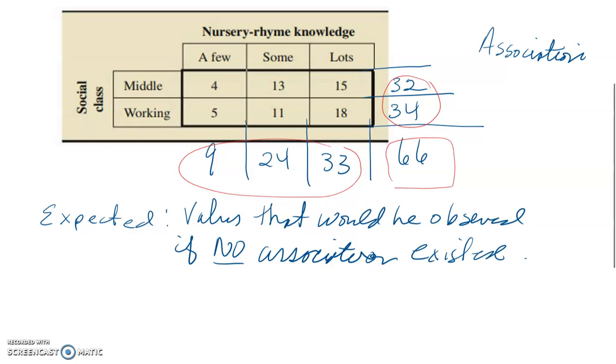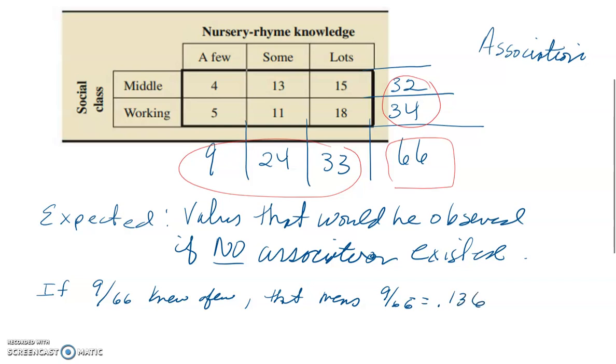So let's think about it this way. If 9 kids out of 66 knew a few nursery rhymes, that means 9 over 66 equals 0.136.